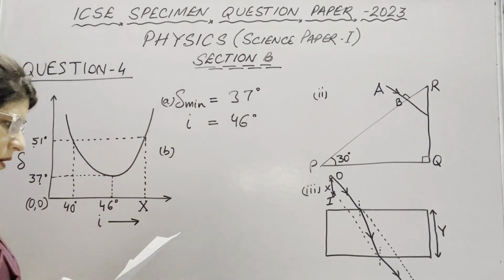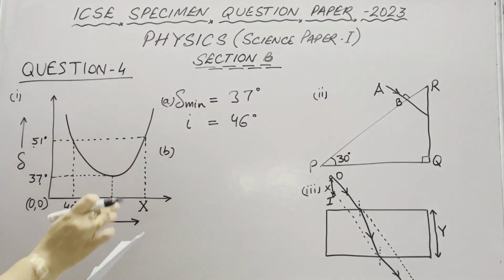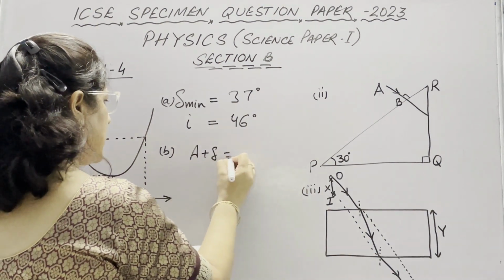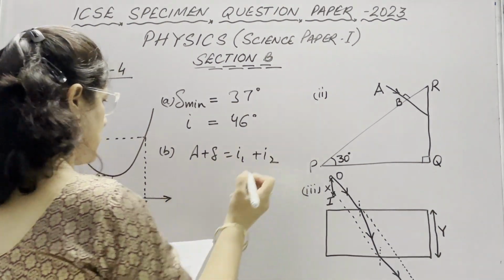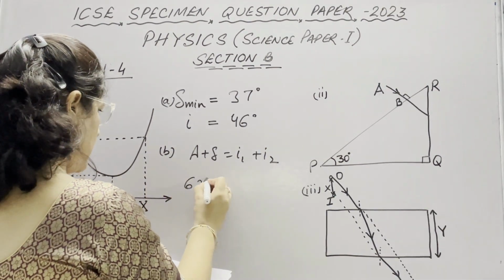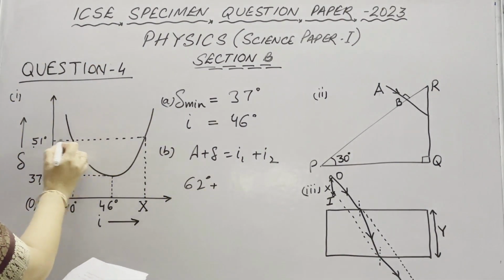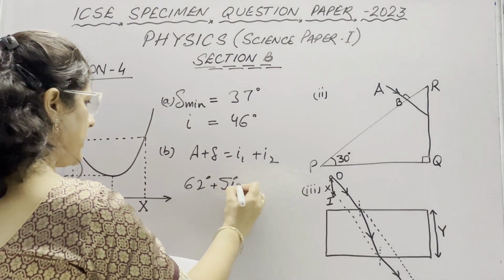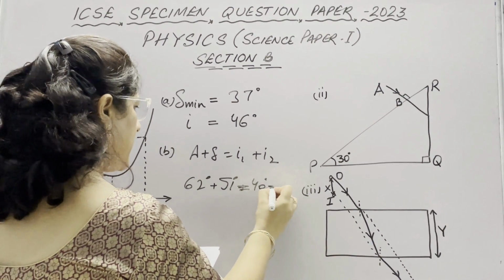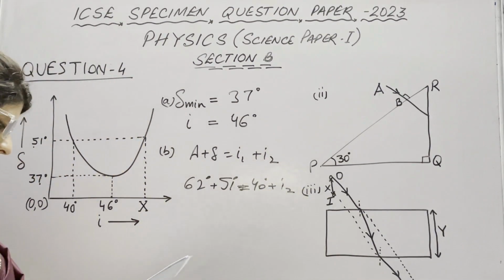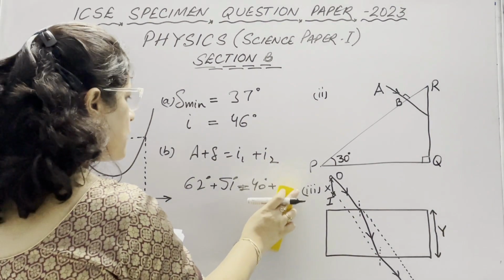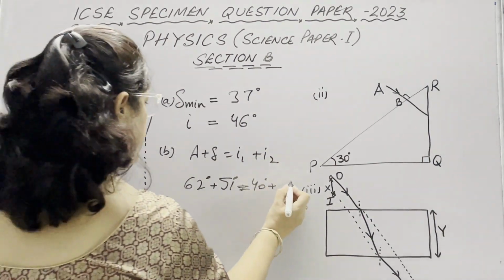In part B, calculate the value of x. For this, we need to use the relation A plus delta is equal to i1 plus i2. The angle of prism is given in the question as 62 degrees and the value of delta is 51 degrees. i1 is 40 degrees, plus i2, which we need to calculate. i2 is given as x here, so we put its value as x.